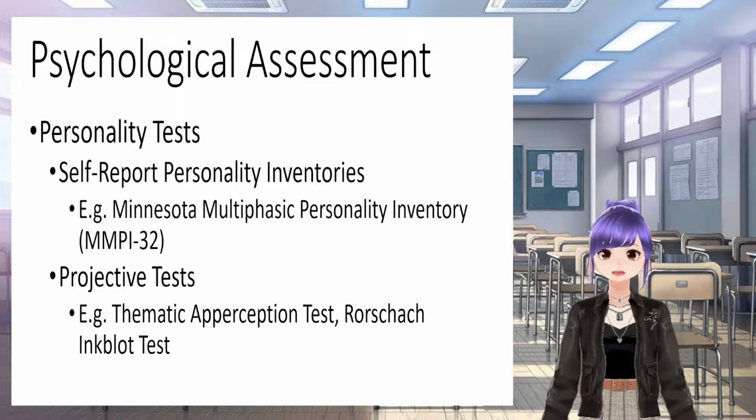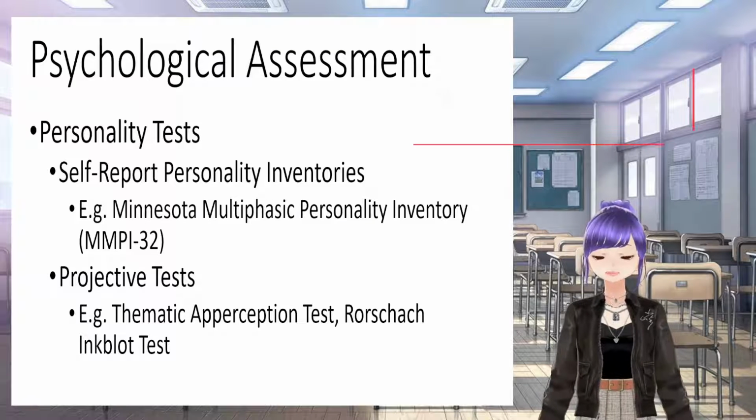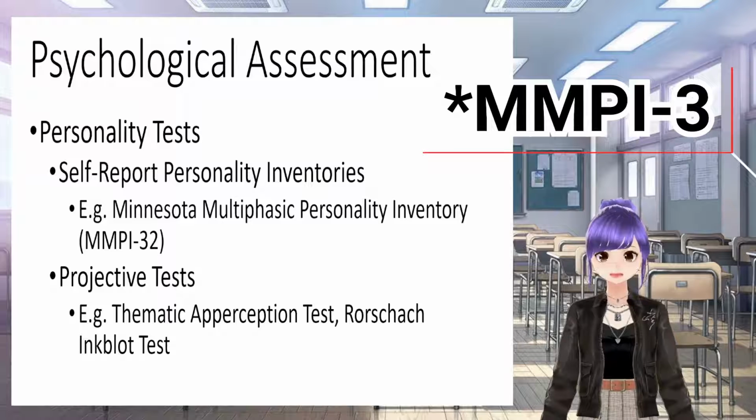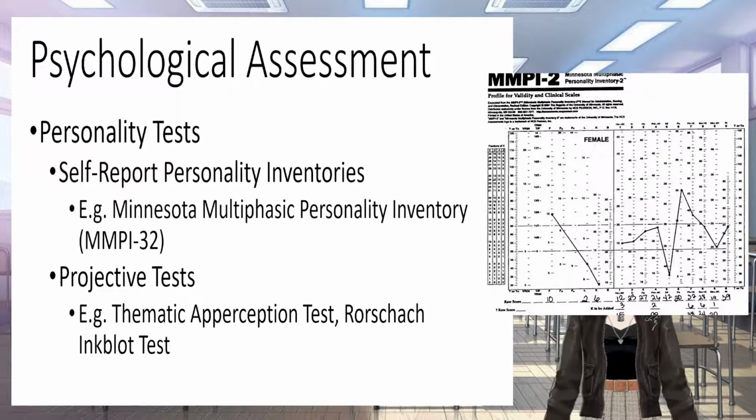So, an example of a standardized personality test that is used in a clinical setting is the Minnesota Multiphasic Personality Inventory. So, this is designed to detect several psychological problems based on responses to certain items in a similar manner as individuals with a particular diagnosis.